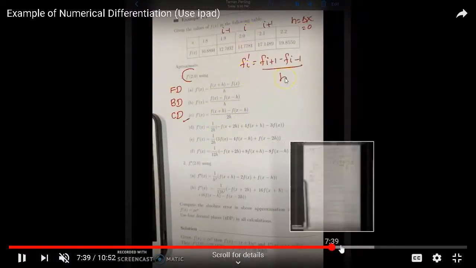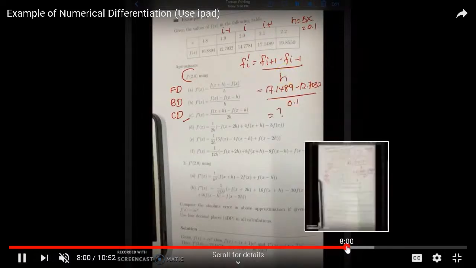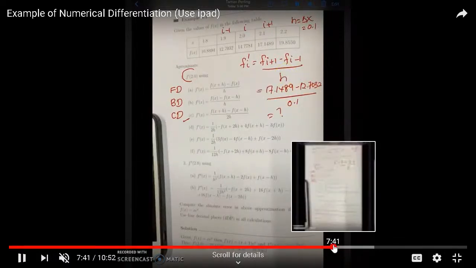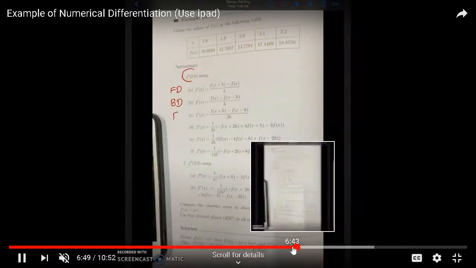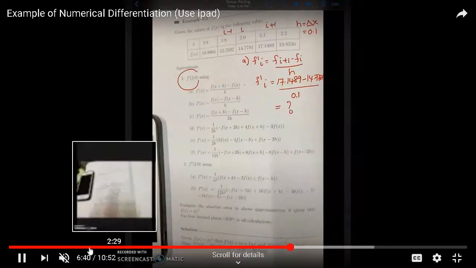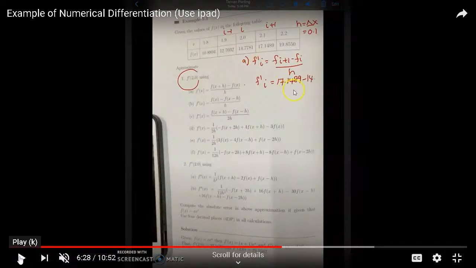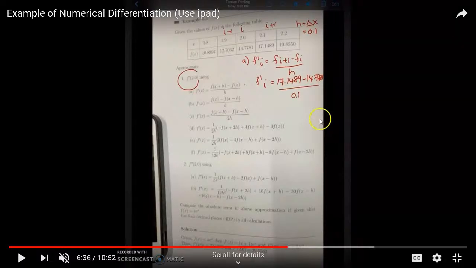This one is forward. So what is the value? You subtract and divide by h, 0.1. Find the answer. The answer is 23.7080.